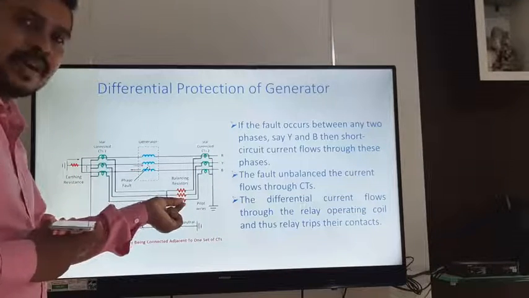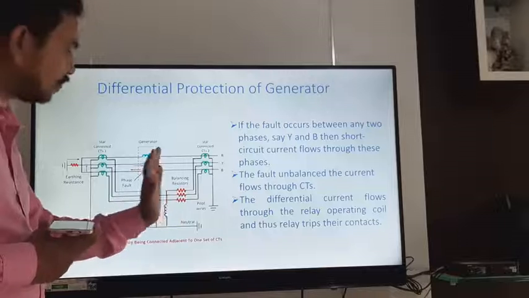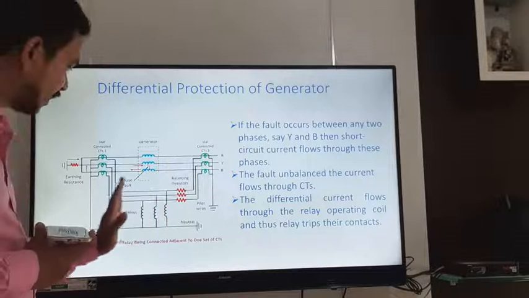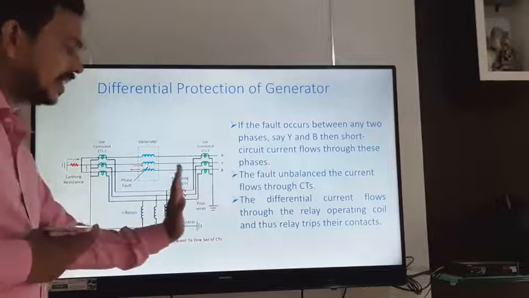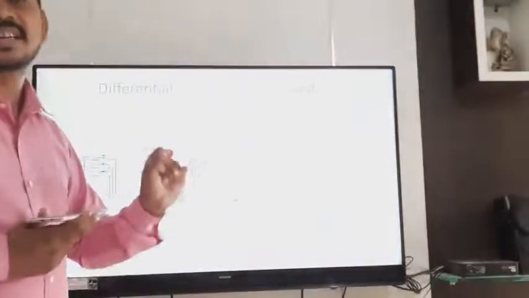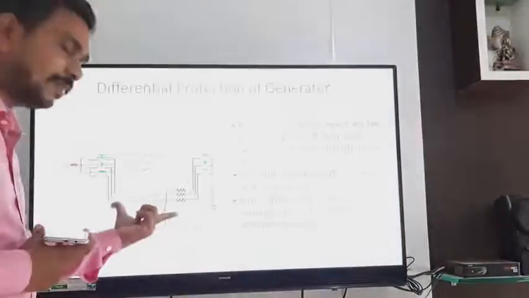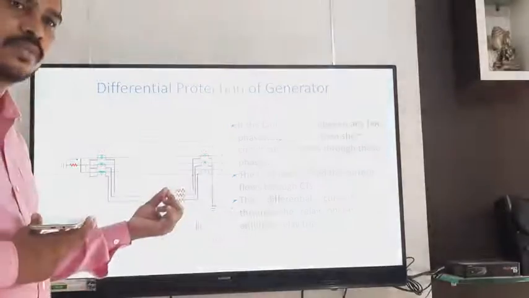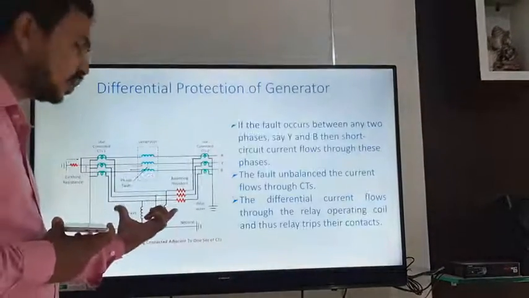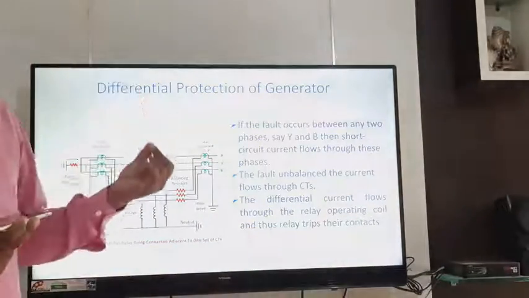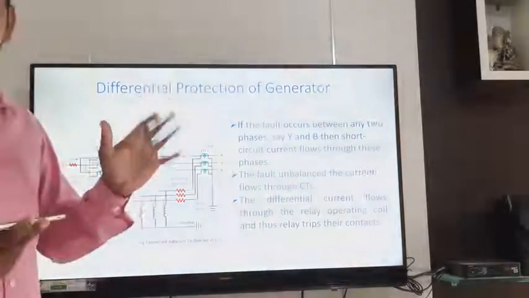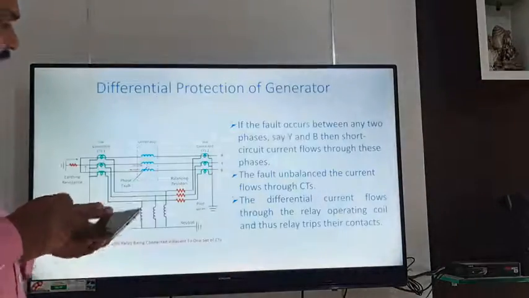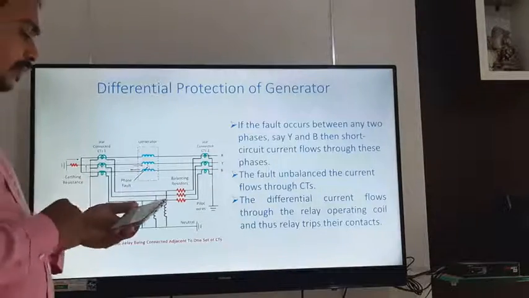So we adjust the resistance such that the length of this side and the length of this side become equal. When the lengths become equal, the resistances also become equal, and there is no current flowing through the relay coil in normal conditions. So this is the problem and this is the solution.